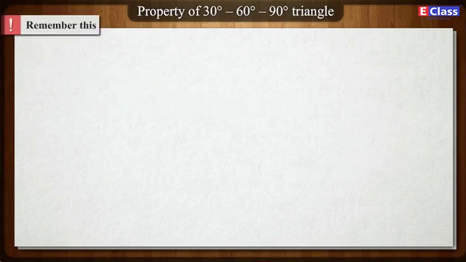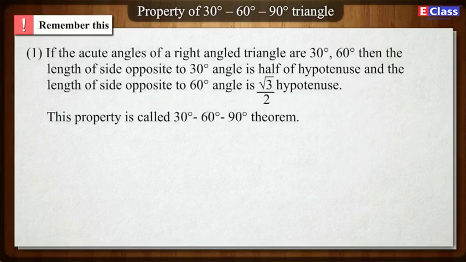Remember this. 1. If the acute angles of a right-angled triangle are 30 degrees, 60 degrees, then the length of side opposite to 30 degrees angle is half of the hypotenuse, and the length of side opposite to 60 degrees angle is square root 3 upon 2 hypotenuse.